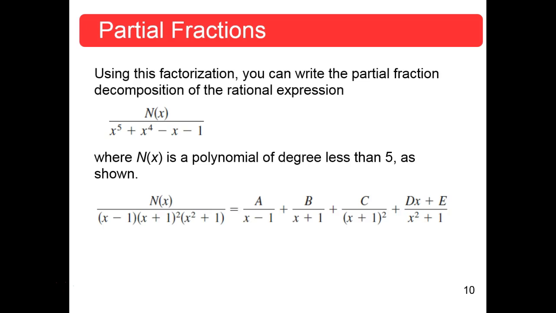But this is an irreducible quadratic, so you do need an x term and a constant term. Now, the theory we talked about said any polynomial should be able to be broken into a series of linear factors and irreducible quadratics. Understanding that you can have irrational numbers and all sorts of mess in there, but it can be done, sometimes very difficult. This one was relatively easy to do, so we got it. So this is the form we have.